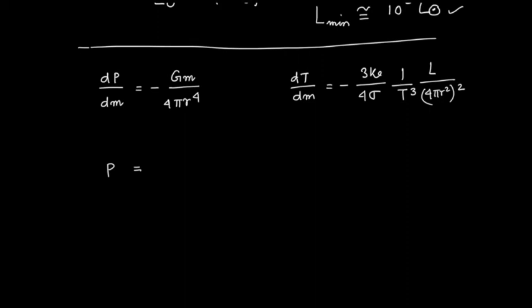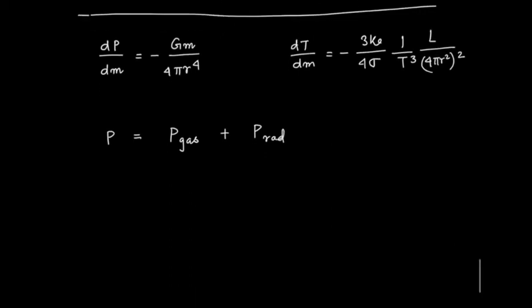Now we know that for the high mass stars, the luminosity also is enormous, and then the pressure because of photons, or radiation, will become important. So this has the kinetic gas pressure plus the radiation pressure. Now the radiation pressure, as we have seen, depends on T to the power 4. It does not depend on the density.